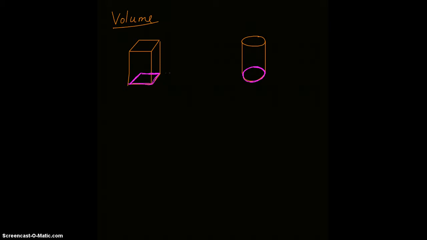And then both of them have a certain height. We'll call it h. They both have a height h. So volume becomes really simple. Volume, V, for either of these shapes, is the area of the base, I'm going to put a subscript base, times the height.